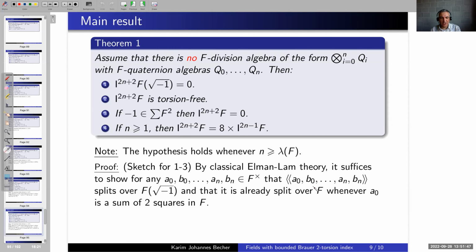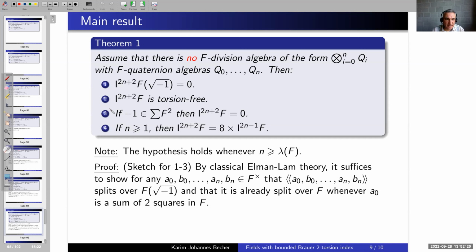And indeed, the condition to have this conclusion was that the tensor product of the n+1 quaternion algebras given by the a_i, b_i is not a division algebra, which is assumed here. So really, by the proposition, you get exactly what Elman and Lam would need as a condition to get 1, and that implies 2 and 3. So I would say I proved more or less completely why 1, 2, 3 hold.